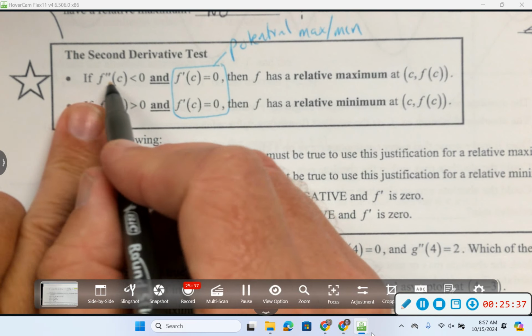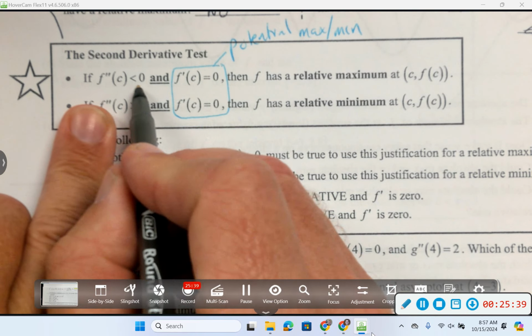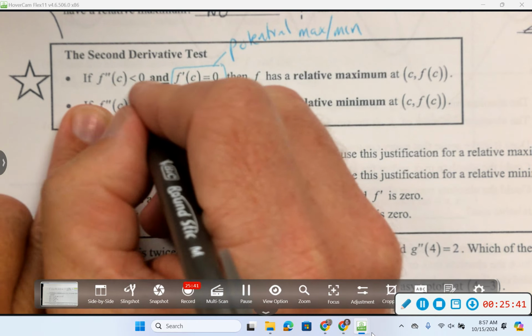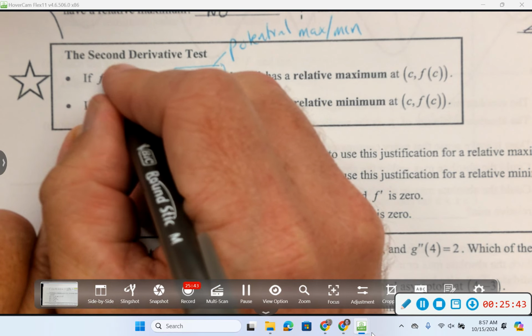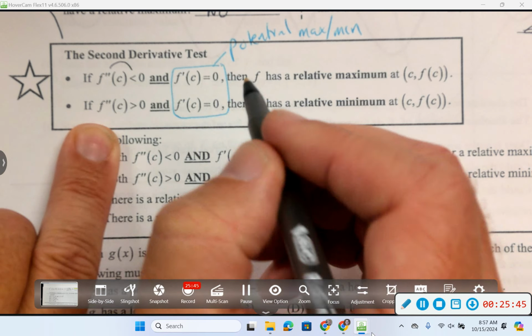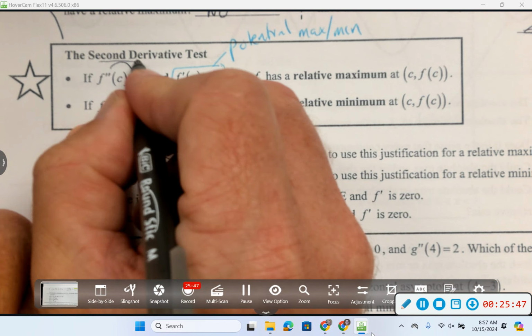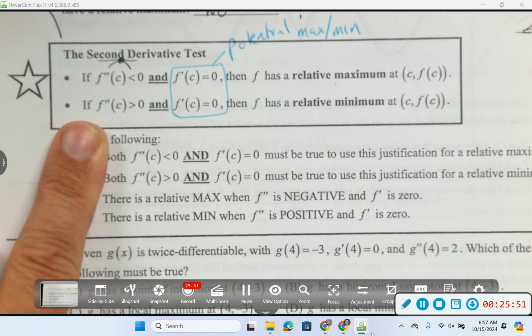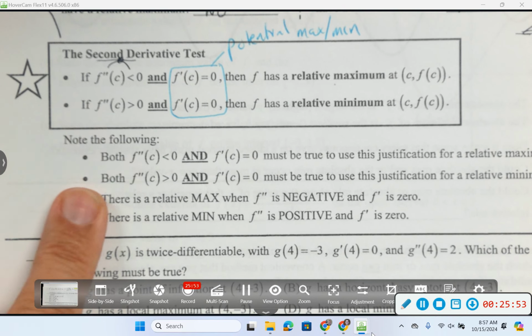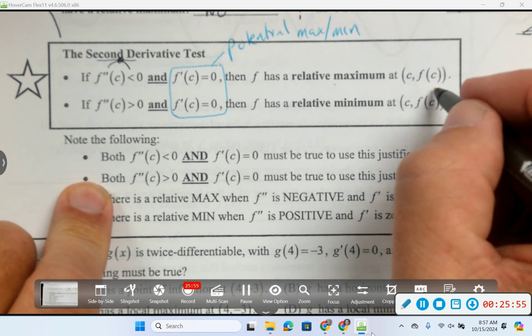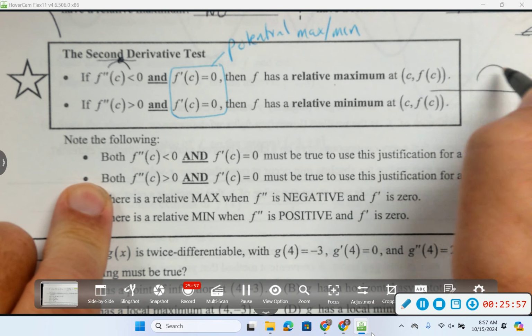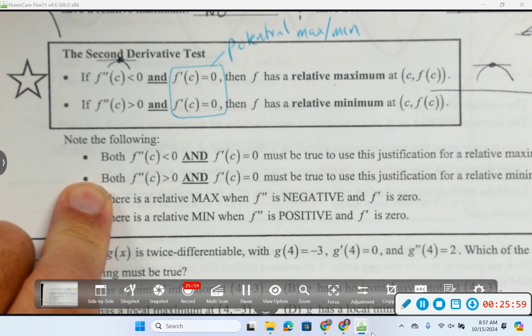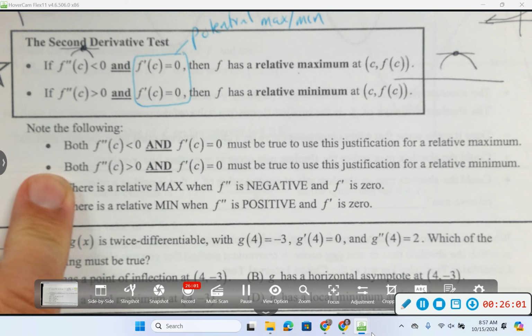And so if we're concave down, again, I don't memorize these, I just have to think about them every time. Concave down looks like this. Slope of 0 looks like that. That results in a relative maximum. Concave down and the slope of 0, relative max.